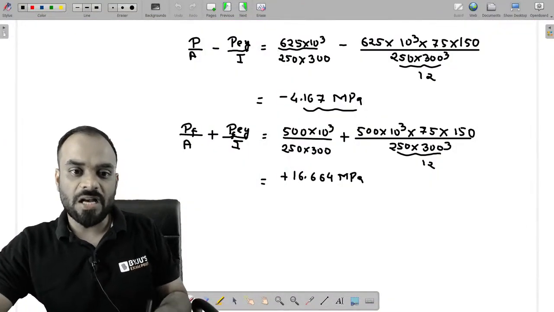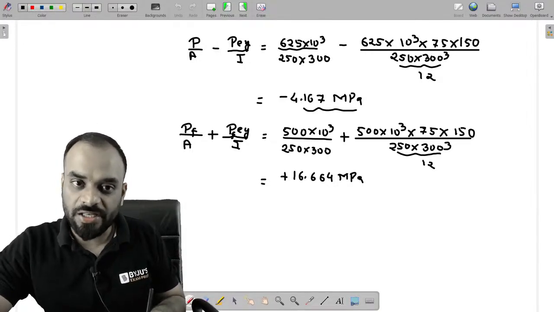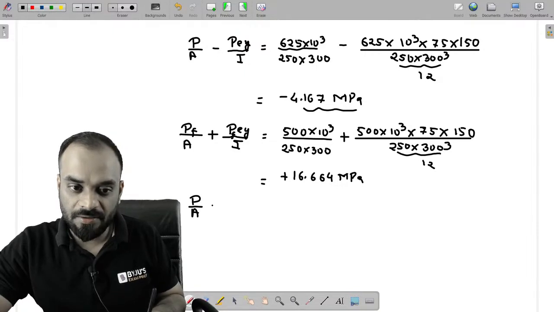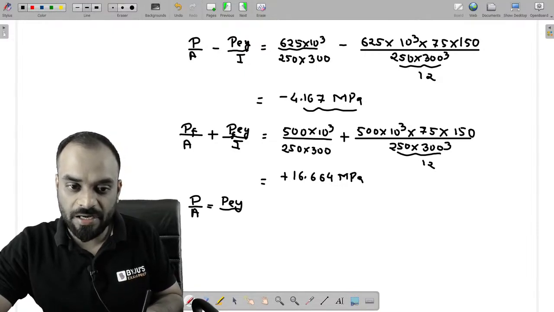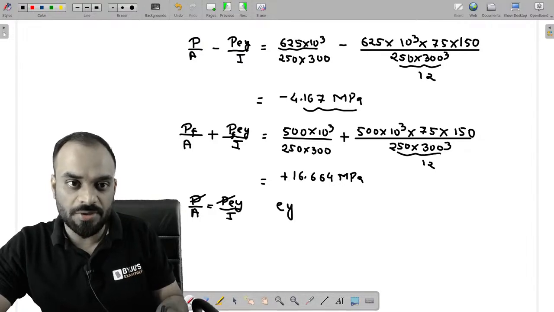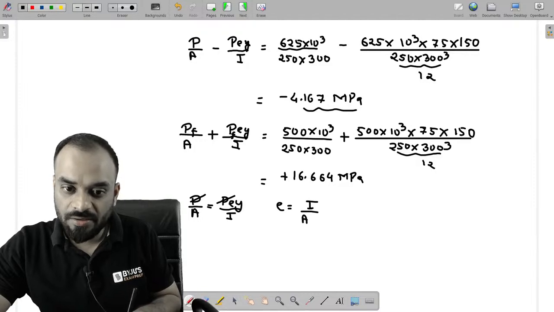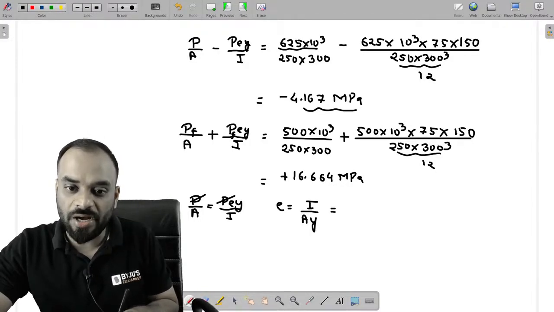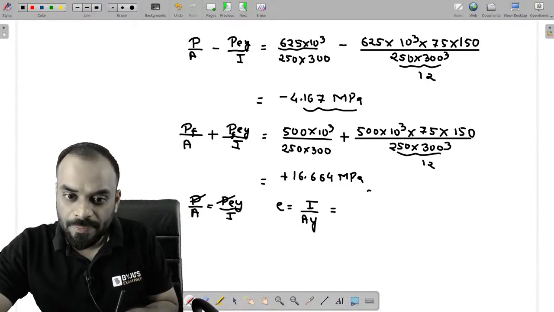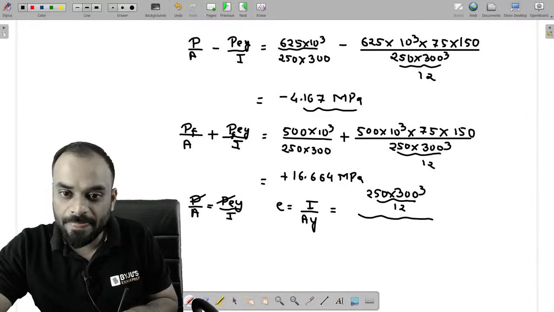So you know, guys, how we can do it. You just need to put this particular relation equal to 0 and you will get the answer. So P by A is equal to P E Y by I. You can cancel these two values. So the value of E is equal to how much? It is I by A Y. So what is the value of I? It is BD cube by 12, so 250 into 300 cube divided by 12. Now divide by area. Area is how much? 250 into 300.